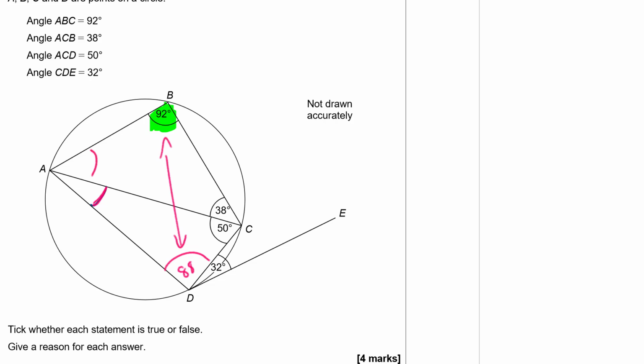Now, using triangle ADC, which has got angles 88 and 50, I can work out that the angle at A in that triangle is 180 minus 88 minus 50, which is 42. And the other angle, I've got 92, 38, which adds up to 130, so that one there must be 50.